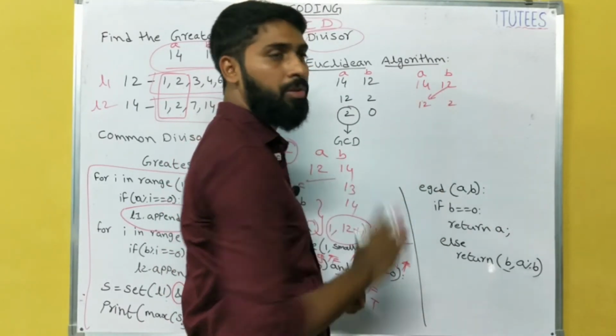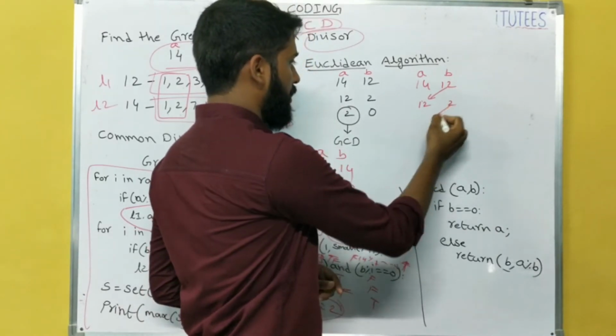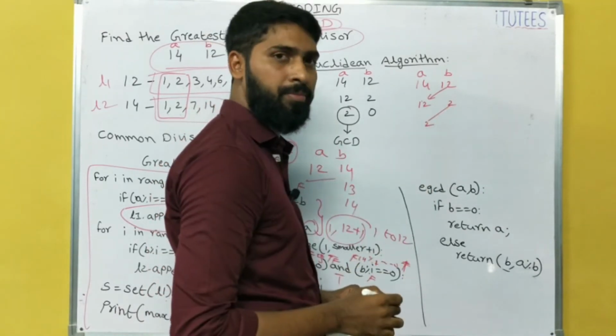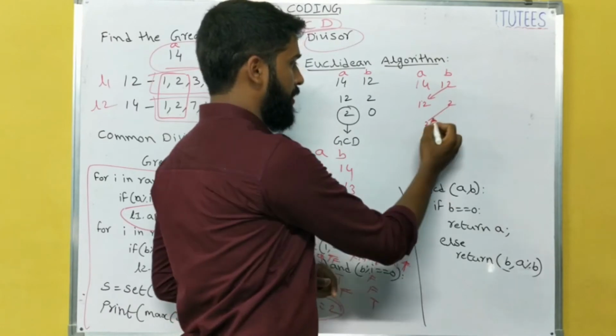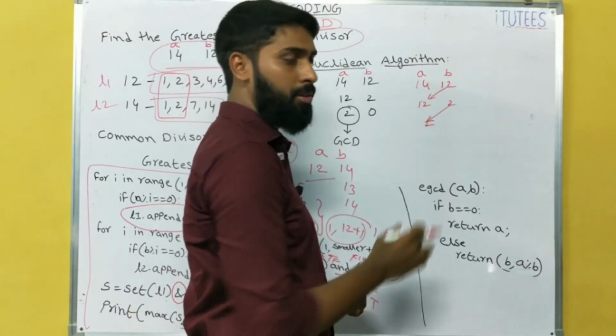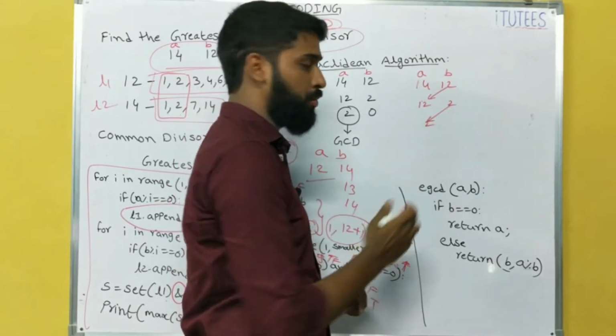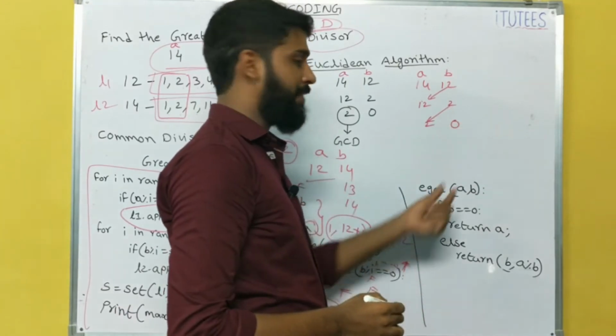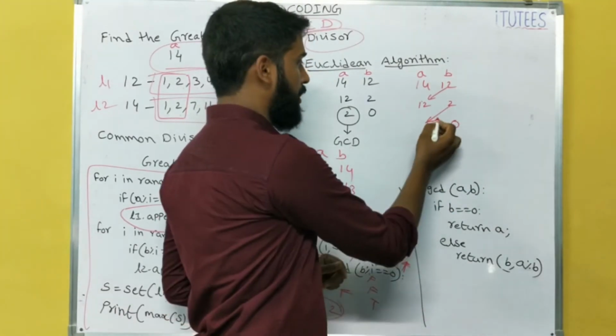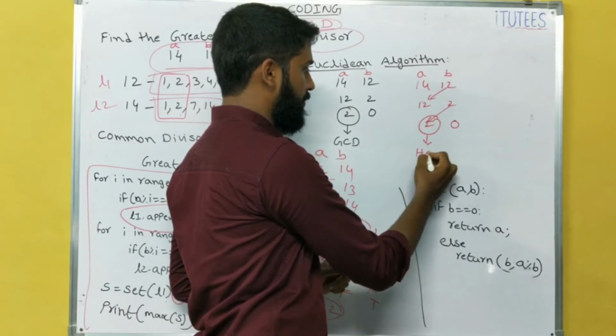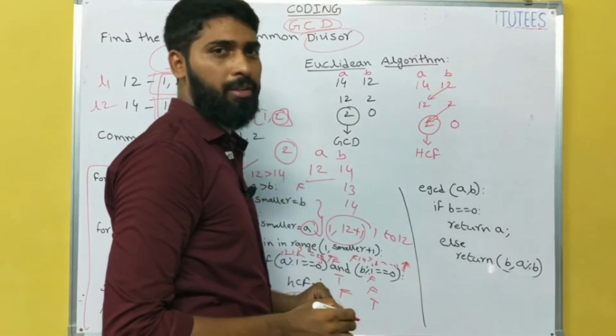Now this is the new B. Then B as A again, and 12 percentage 2 is 0. When B becomes 0, the A value is the HCF. So this is the Euclidean algorithm.